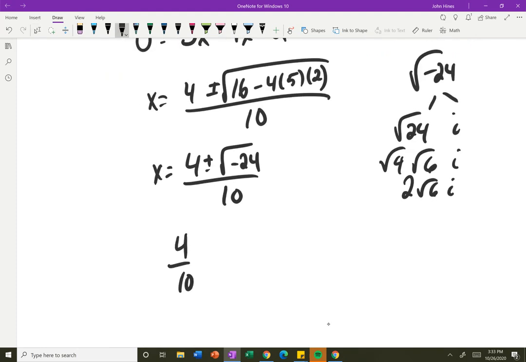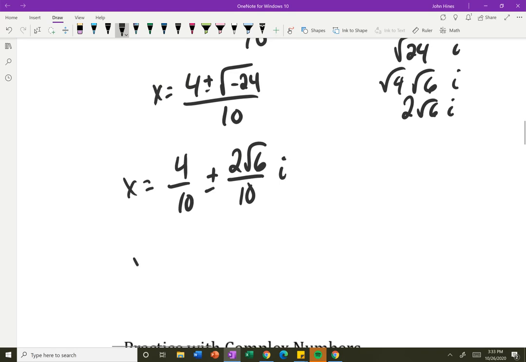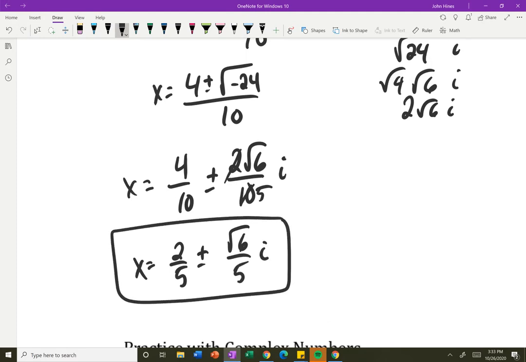So 4/10 plus or minus 2 radical 6 over 10 i. And then finally, we get 2/5 plus or minus radical 6/5 i as our solutions when you simplify those fractions.